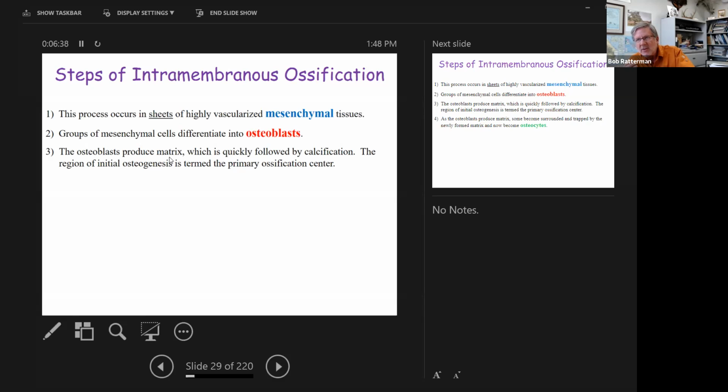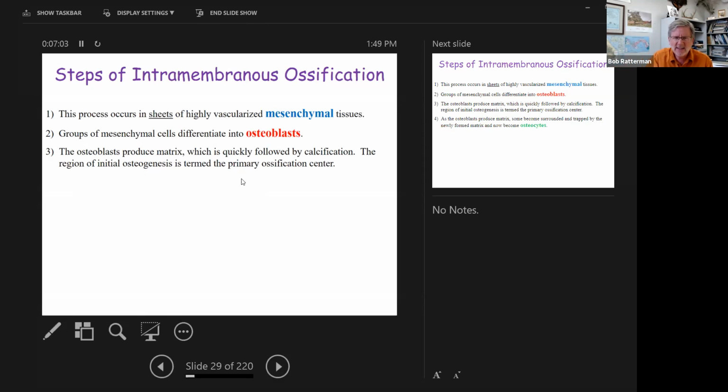Because our milk is loaded with calcium, and what these osteoblasts are doing is laying down this matrix, and then soon afterwards we talk about this calcification process taking place, whereby the matrix takes on calcium and becomes hardened, becomes a structural framework here.